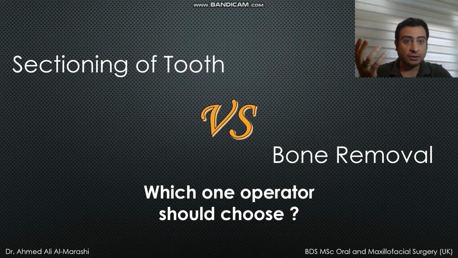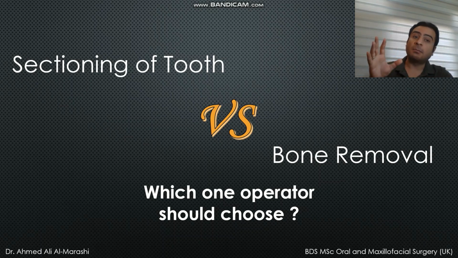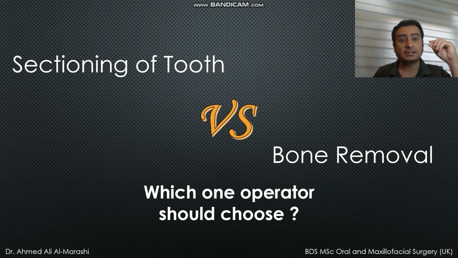We have to section the tooth into a reasonable number of pieces and remove as little as possible from the bone. And there is an old saying that I have once heard, that the tooth belongs to the surgeon and the bone belongs to the patient.